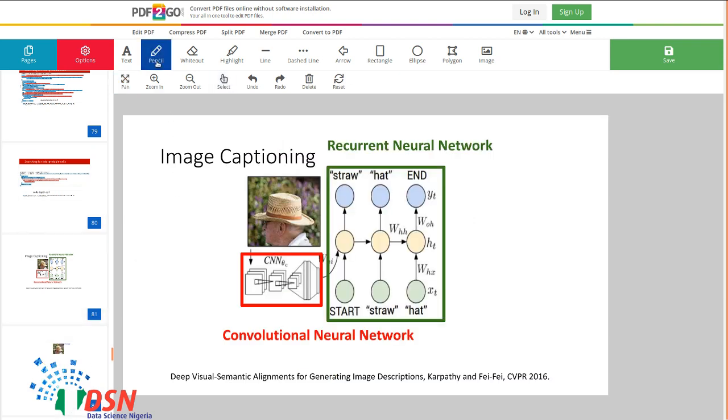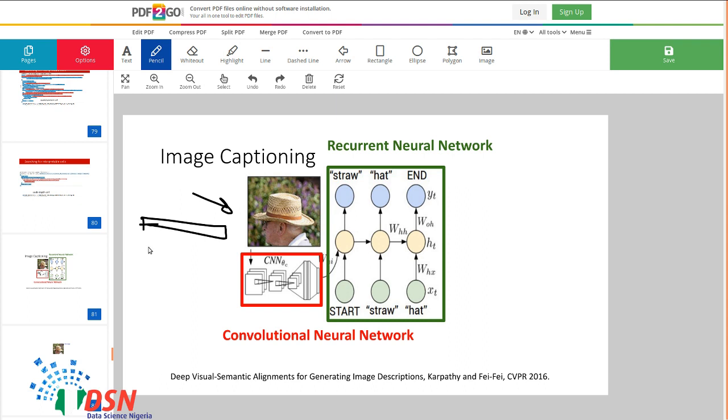Another example of an RNN which is useful is image captioning. So now we know what image captioning is. In this case, we have an image and we want to generate a sentence for that image.